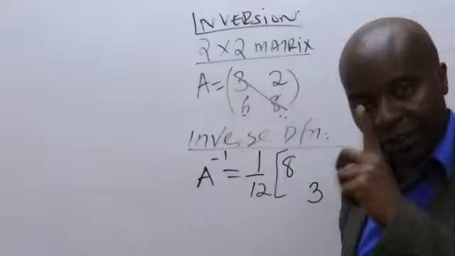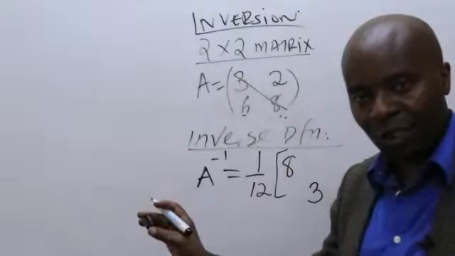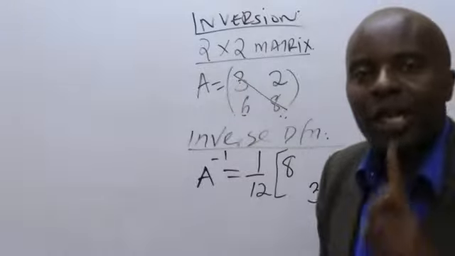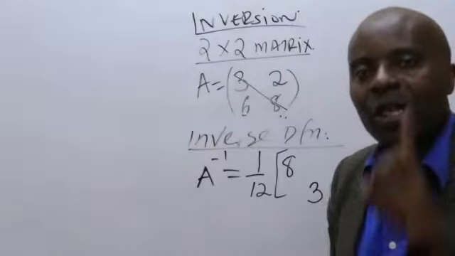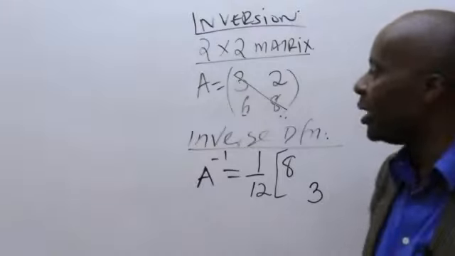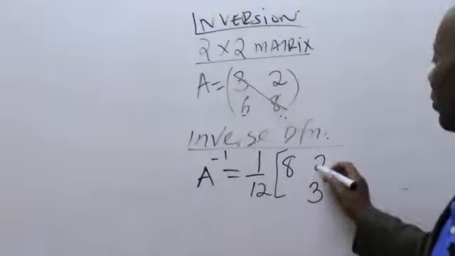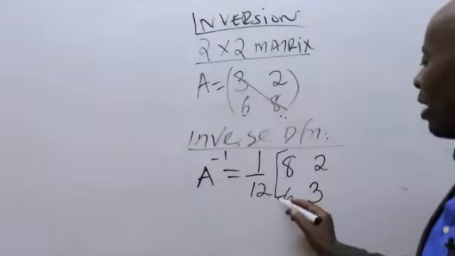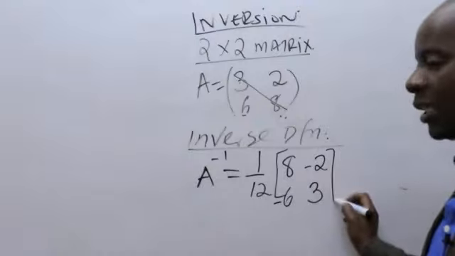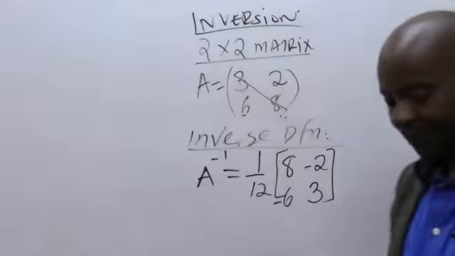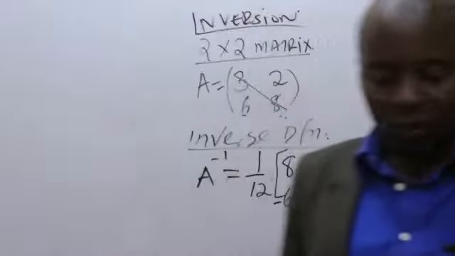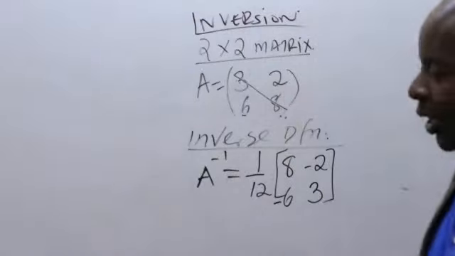We leave them where they are, 2 and 6, but we change the signs. They were positives, now they become negatives, like that.